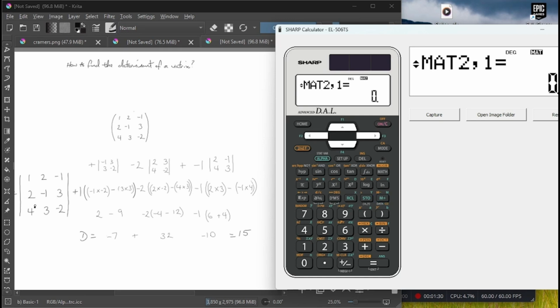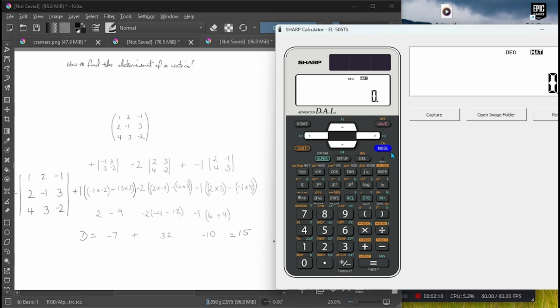Right, we're moving on to the second row now. 2 plus, right, -1 plus 3 plus, right, third row, 4 plus 3 and plus -1 and plus. Right, and if we scroll through, you'll see what we entered. So 3 rows, 3 columns, 1, 2, -1, 2, -1, 3, 4, 3, -2.